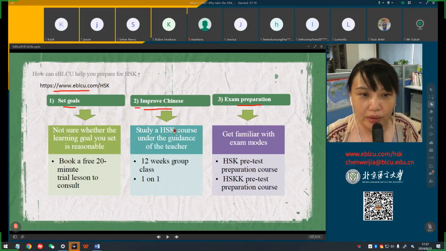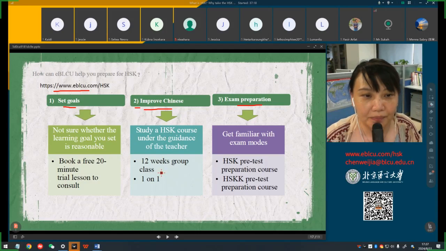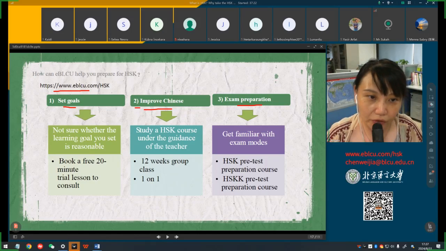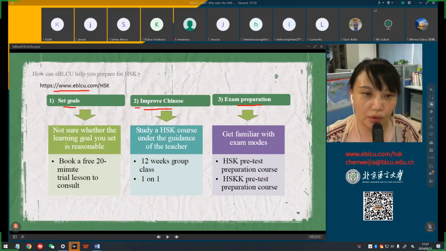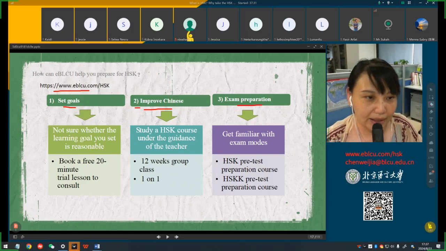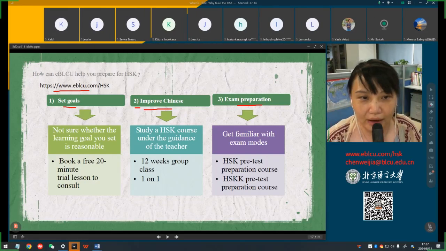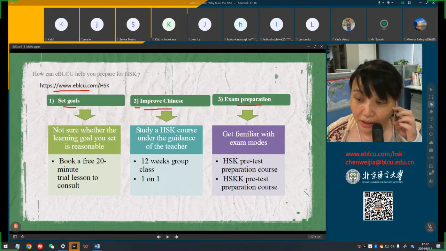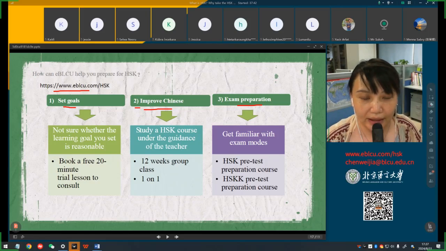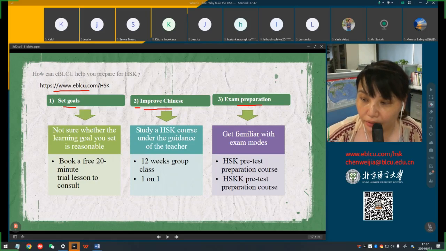And then number two, improve your Chinese. You can definitely study Chinese by yourself, from any local course, or do self-study from any resources. Right now we have the internet. There are a lot of information, courses, books, and also apps for learning the language.